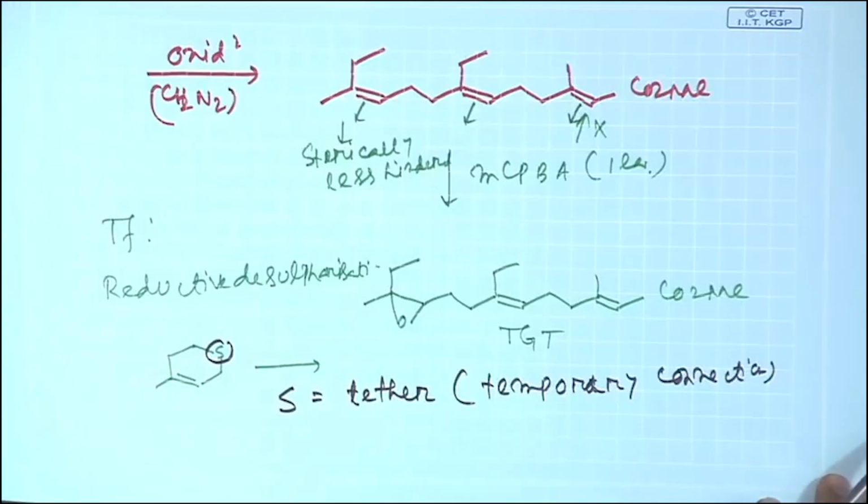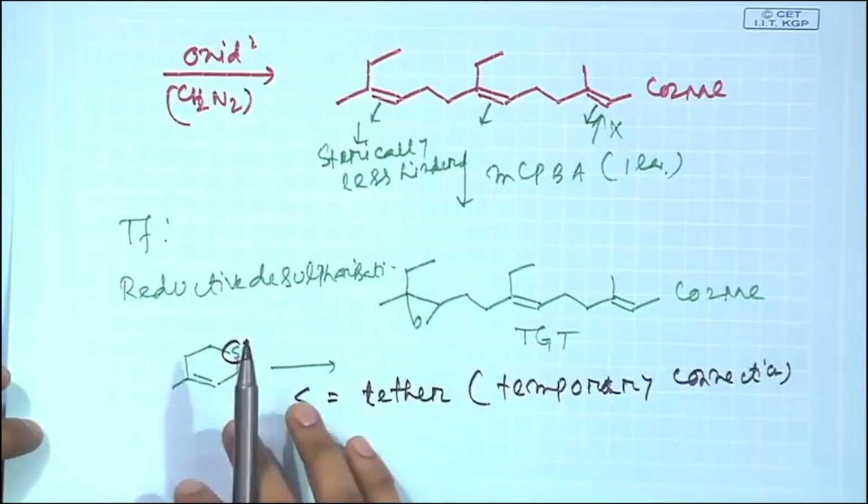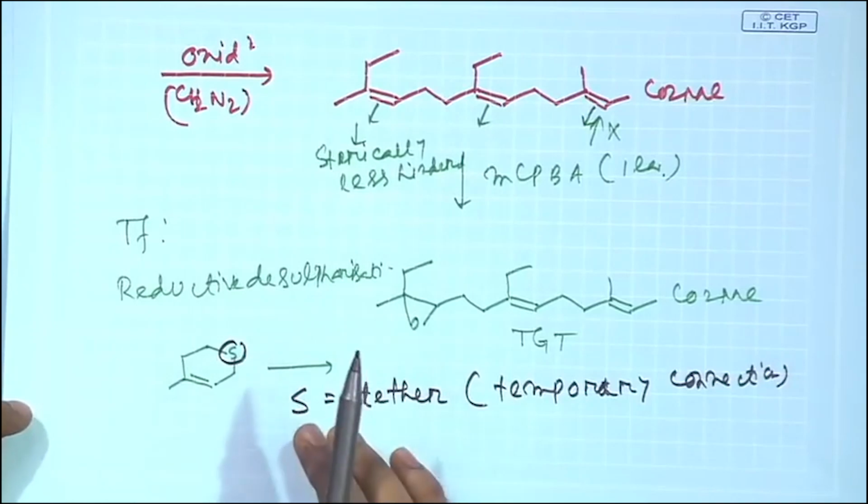So, probably similar kinds of things we will be explaining in subsequent lectures. So, till today just go through the reductive desulfurization technology, how this method, or this sulfur tether chemistry, helped to get access to some of the intermediates which are very useful in synthetic organic chemistry.